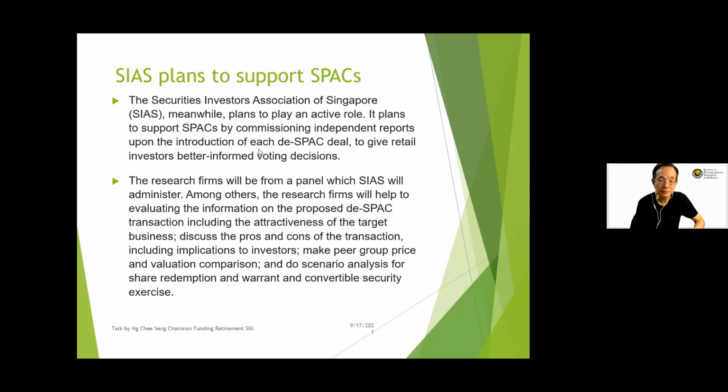All right. So SIAS also plans to ask a research firm to form a panel which SIAS will administer. Among other things, the research firm will help to evaluate the information on the proposed de-SPAC transaction, including the attractiveness of the target business, discuss the pros and cons of the transaction, including implications to investors, make peer group price and valuation comparisons, and do scenario analysis for share redemption and warrant and convertible exercise.